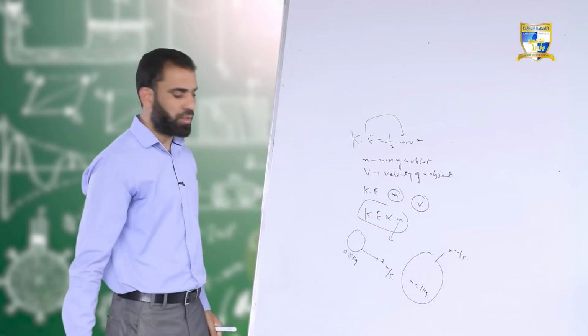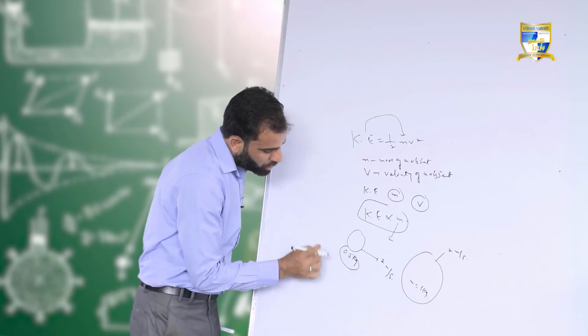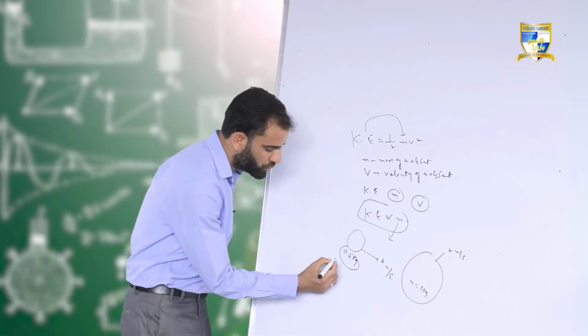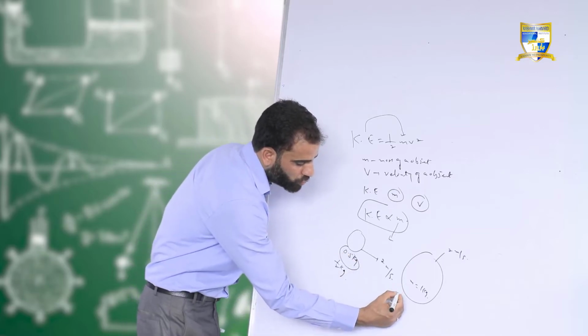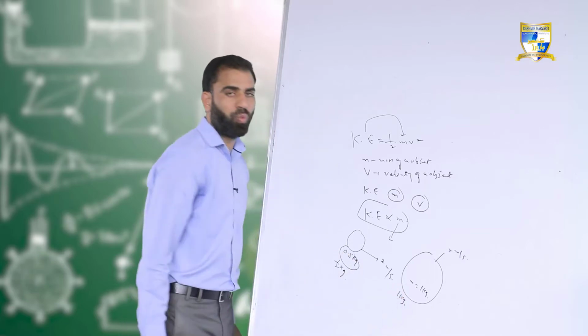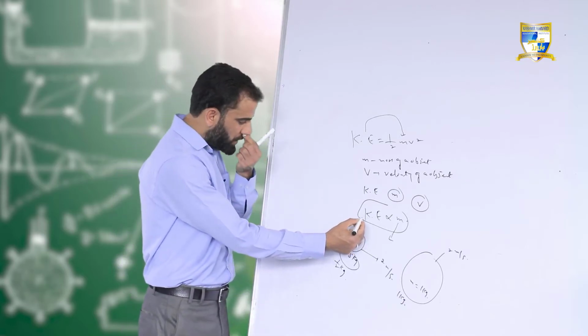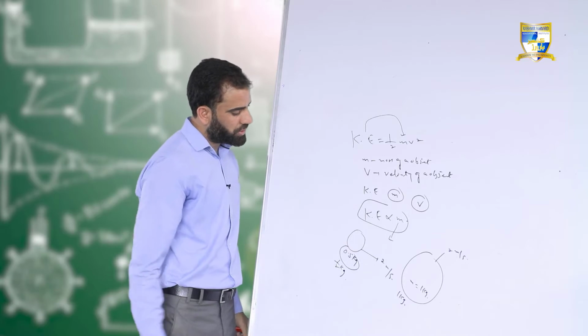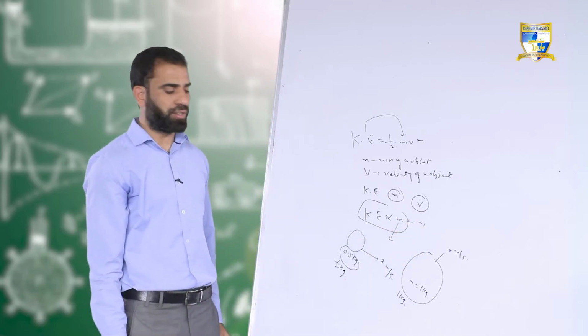What is the difference? The difference is in their mass. Here the mass of the ball is 0.5 kg, that is 1/2 kg, and here the mass of the ball is 1 kg. So as we see, kinetic energy has a direct relation with the mass of an object. That is, the more the mass of an object, the more its kinetic energy.